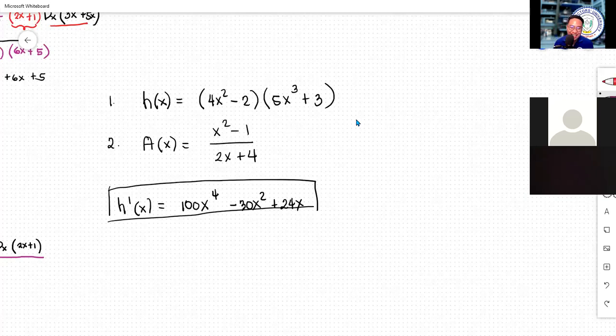Okay. Yep, that's a correct answer. So it's number 2, a prime of x. Here's my answer: x squared plus 4x plus 1 over 2 times x plus 2 squared.